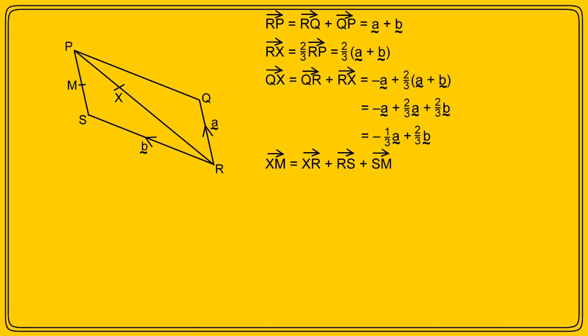And now we can turn our attention to vector XM. Vector XM is vector XR plus vector RS plus vector SM. That's the high road, remember? And all that comes to minus 2/3 of (a plus b) plus b plus a half of a.